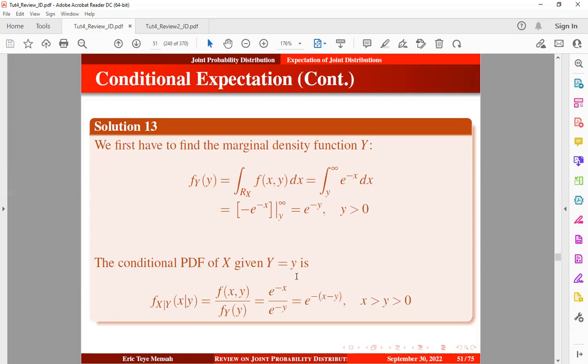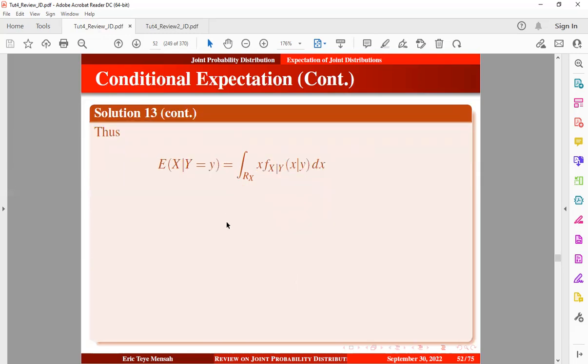Quite simple. So now our main objective is to find the expectation of x given that y is equal to y, which can also be obtained by using this expression here. So we have the range for x to be from y to infinity. We have our x multiplied by the conditional PDF of x given that y is equal to a particular value of y, which we have here.